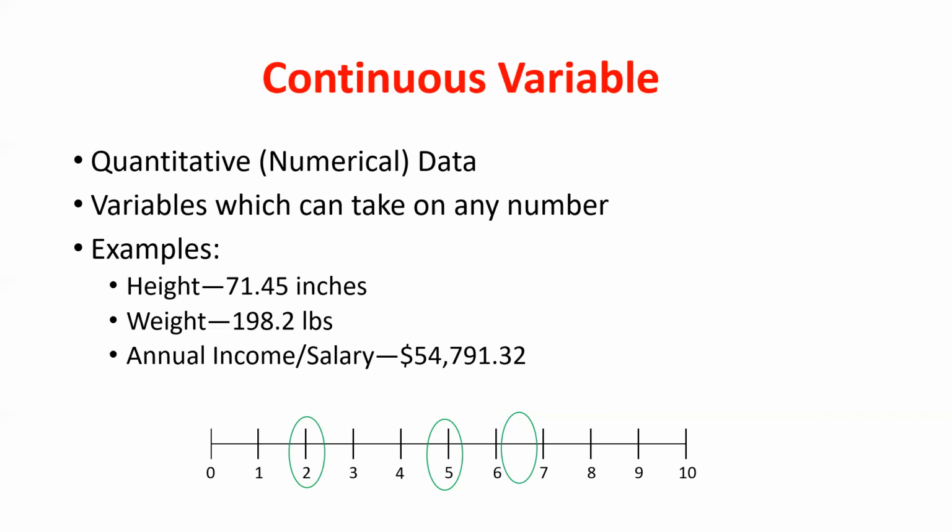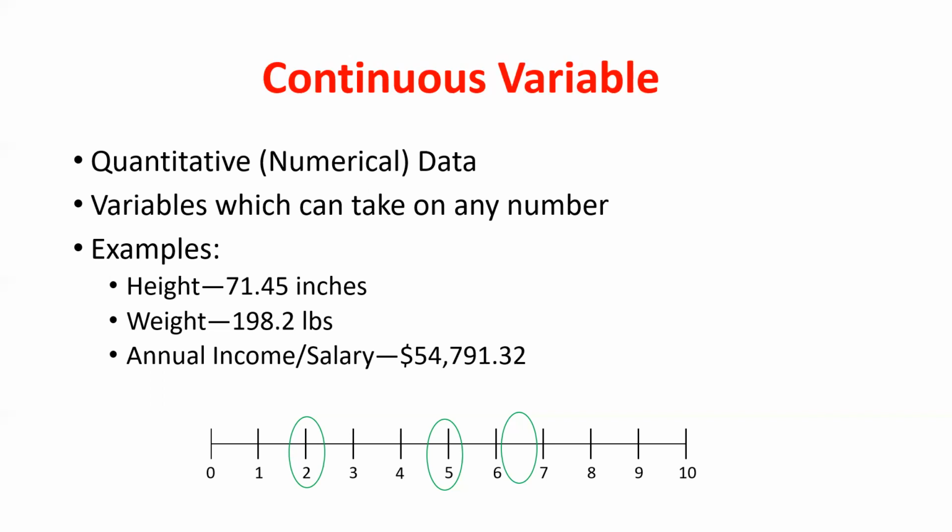But for the sake of what we're doing in this class, if we have something like salary where it stops at 2 decimals, as long as we have a large enough number of observations, we can treat this as a continuous variable, and nothing we need to be true once we start talking about standard normal distributions will be violated. So for the sake of this class, anytime you see a variable that has a decimal associated with it, we can treat that as continuous. We'll have large enough data sets that we're okay with that.